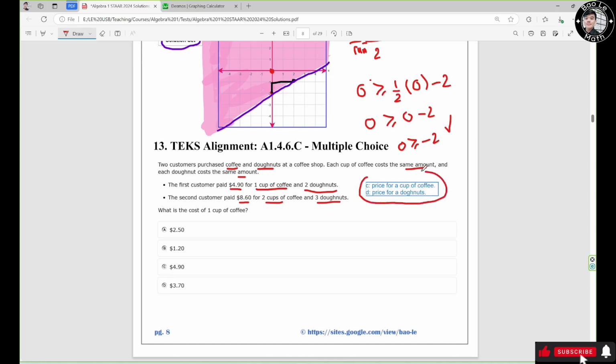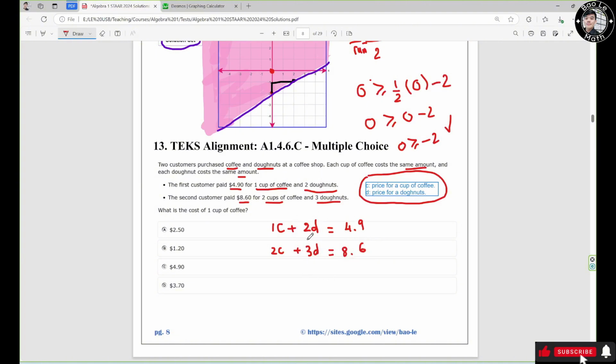Alright, so we have a system of two equations. 1 cup of coffee is going to be 1 times C plus 2 donuts is going to be 2 times D equals 4.9. 2 cups of coffee is going to be 2C plus 3 donuts is going to be 3D equals 8.6.